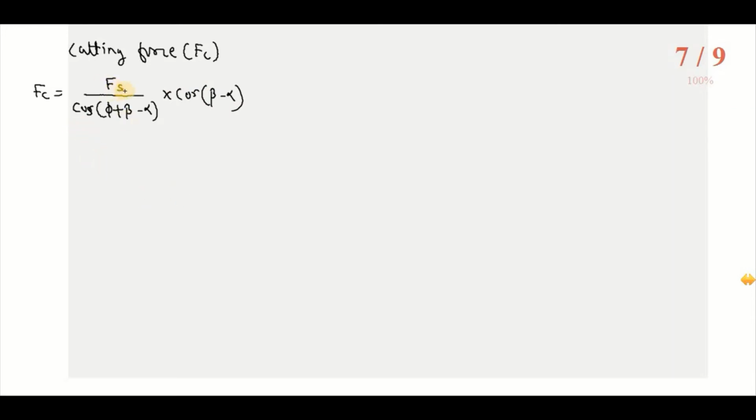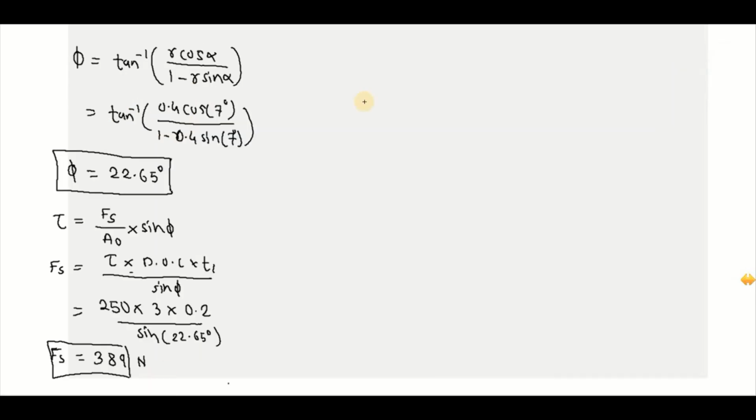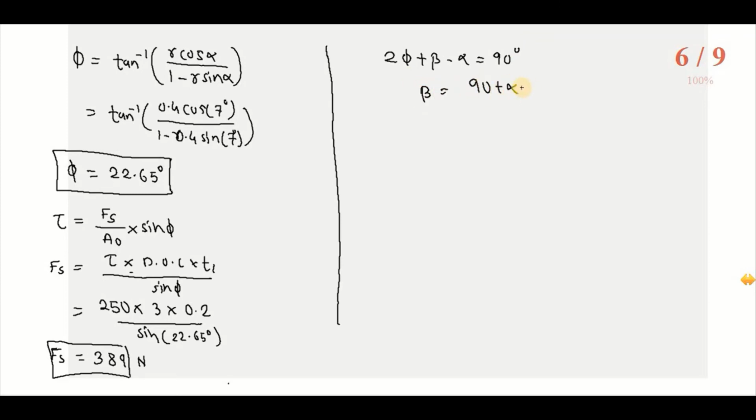Here the Fs value we have found, phi we got, alpha we know, only the friction angle beta value we don't know. So by using the Merchant constant, we can say 2 phi plus beta minus alpha is equal to 90 degree. So beta is 90 plus alpha minus 2 phi.